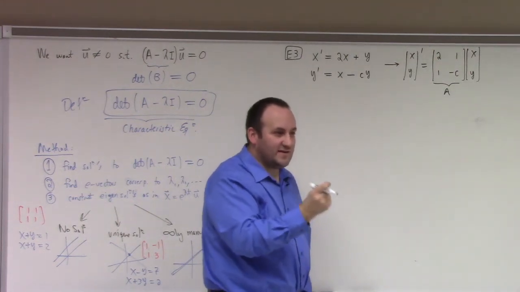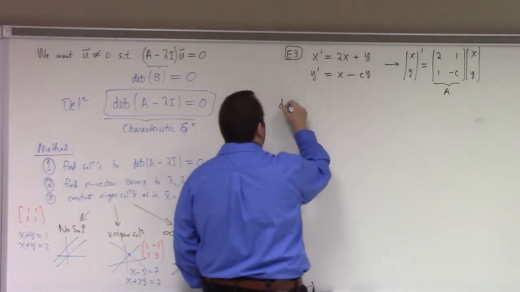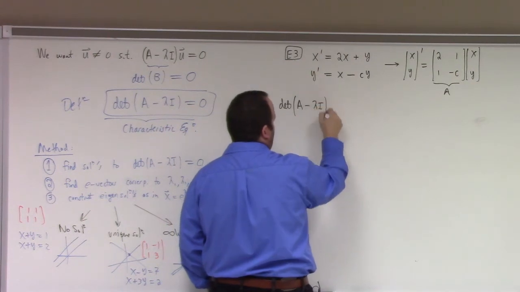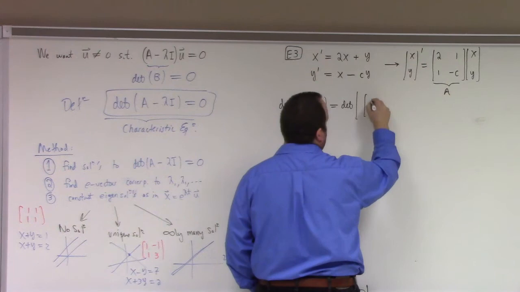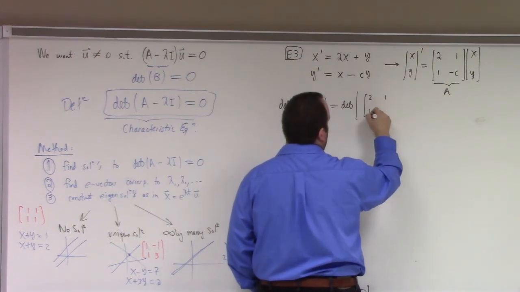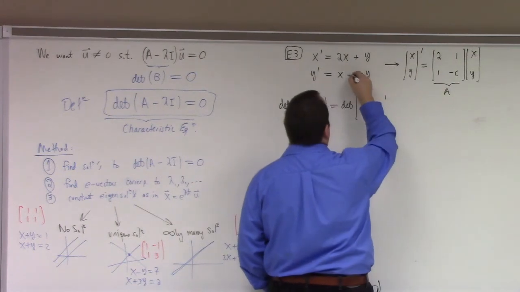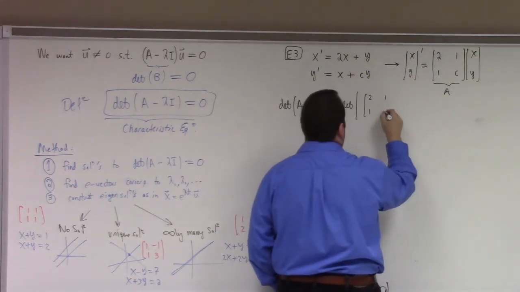I want distinct real solutions to my characteristic equation. So we're looking at the determinant of A minus lambda I. What that means is the determinant of 2, 1, 1, C. Why did I put a minus? Let me put just C there.